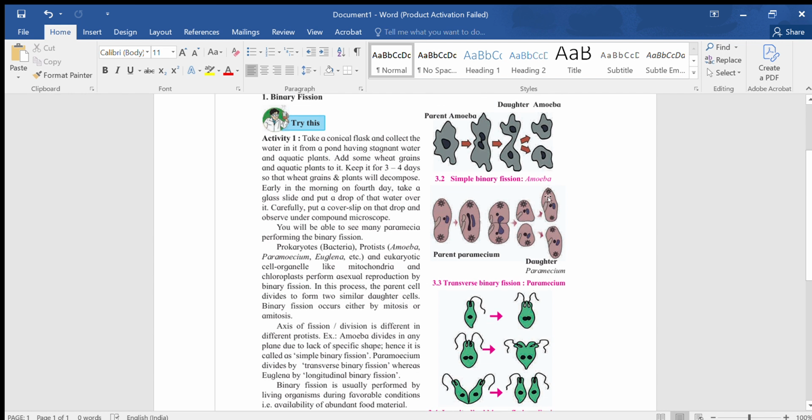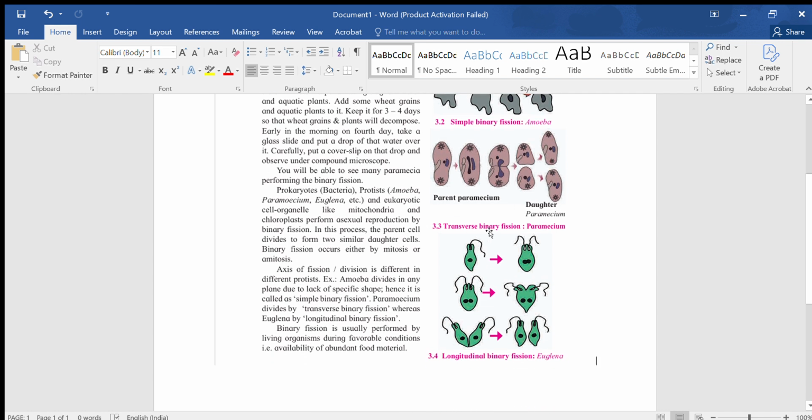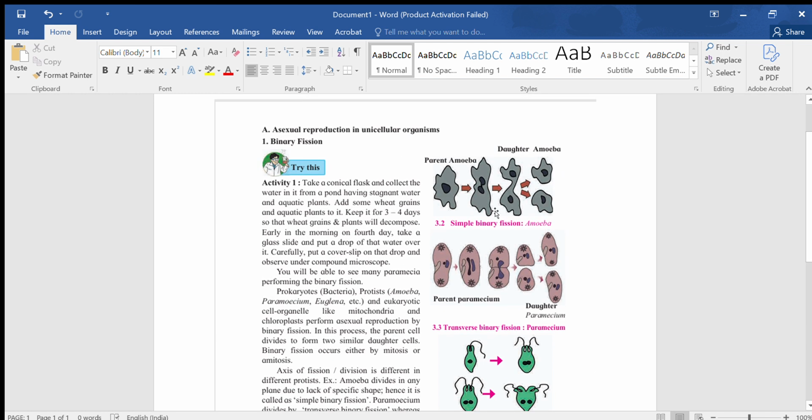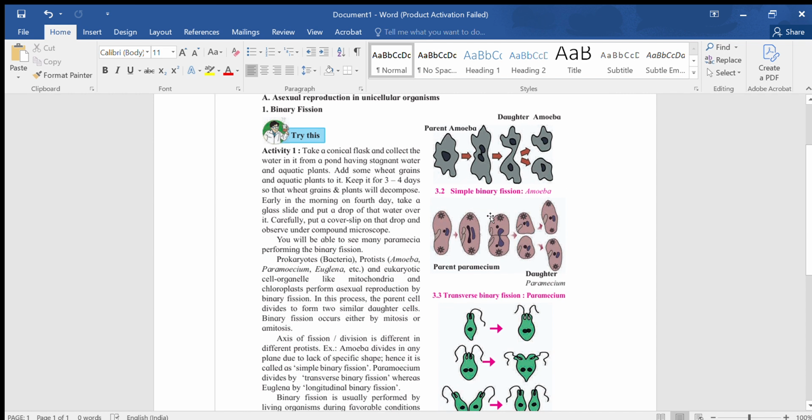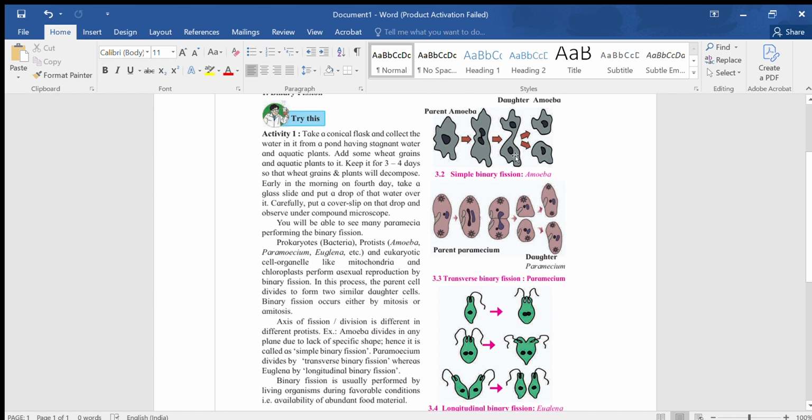And here is transverse binary fission in paramecium. As we know, paramecia are elongated, so paramecia show transverse binary fission. That means they cut in the middle of the cell. As we know, amoeba doesn't have any specific shape, so it divides randomly, asymmetrically, forming two daughter cells with no specific alignment.